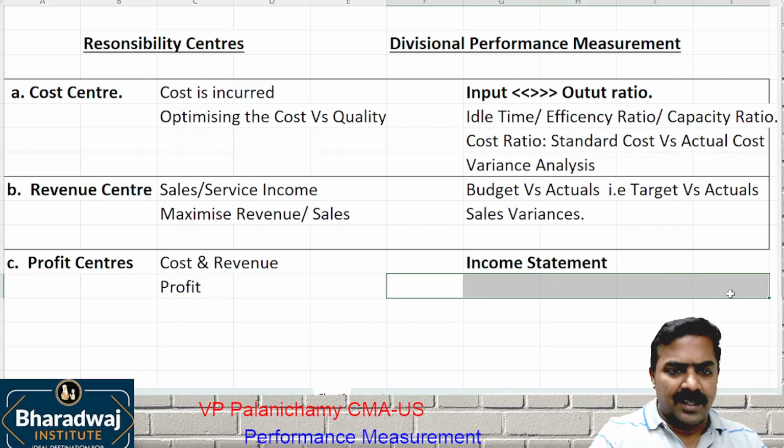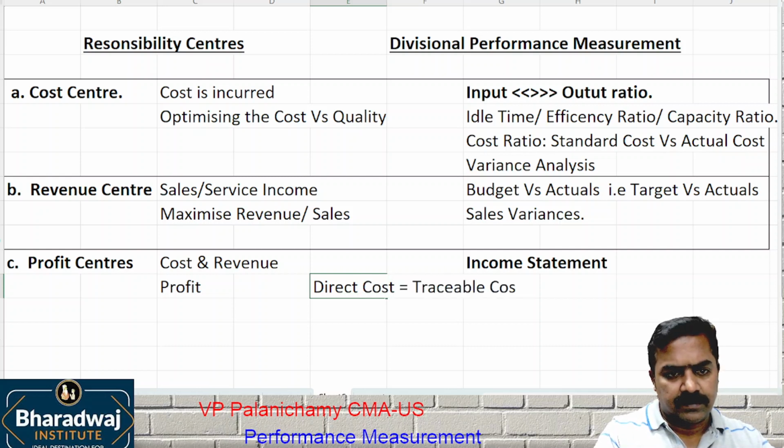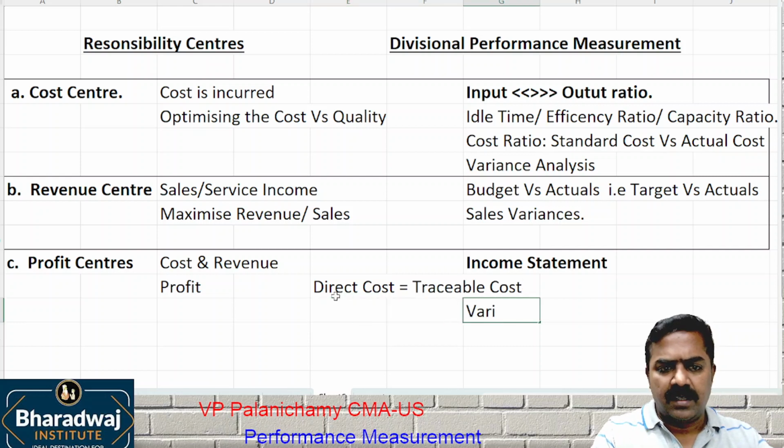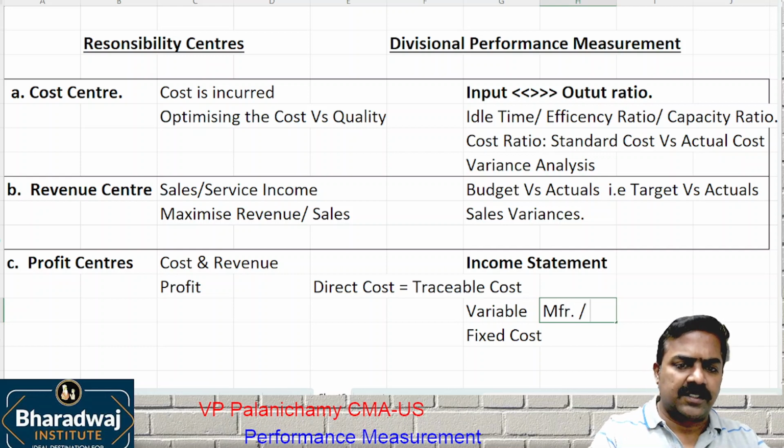Because while preparing income statement, direct costs we call traceable cost. Traceable cost can be variable cost or fixed cost. The variable traceable cost can be classified into manufacturing cost, manufacturing related costs, and other costs.